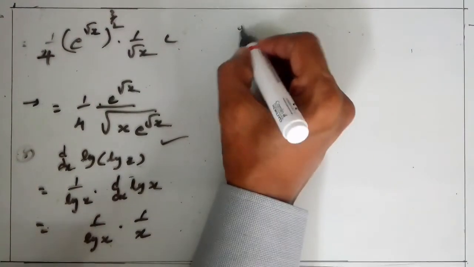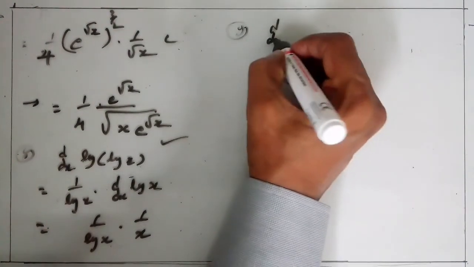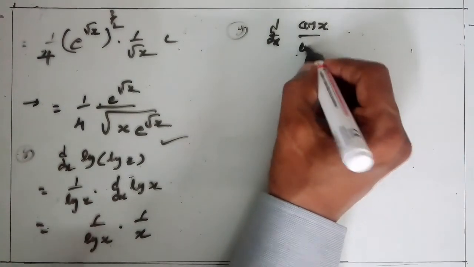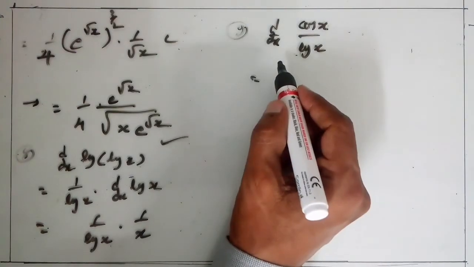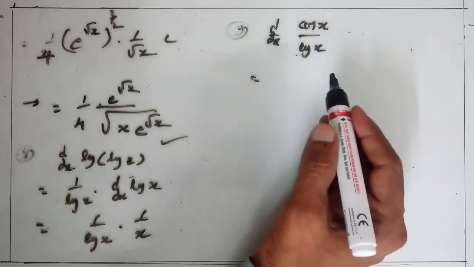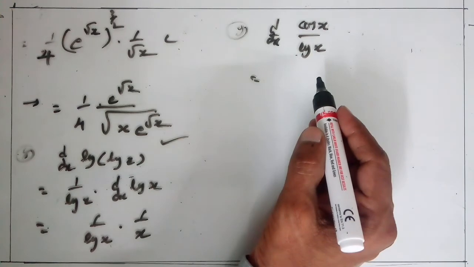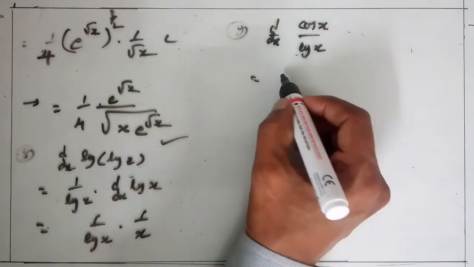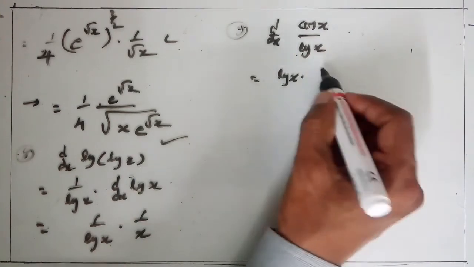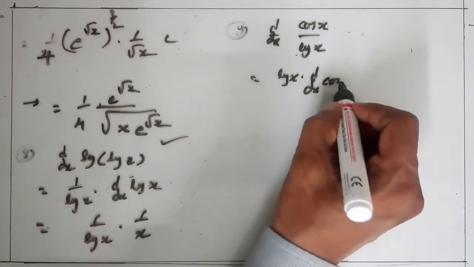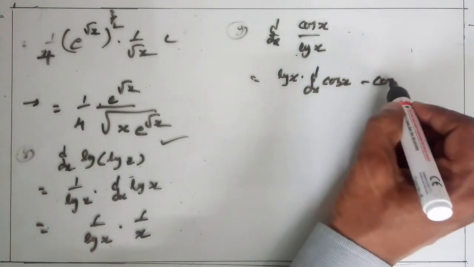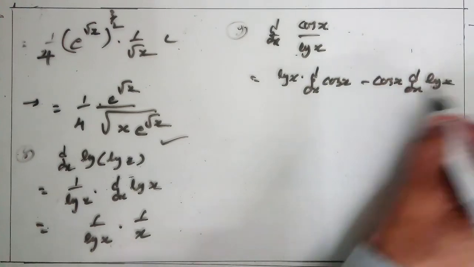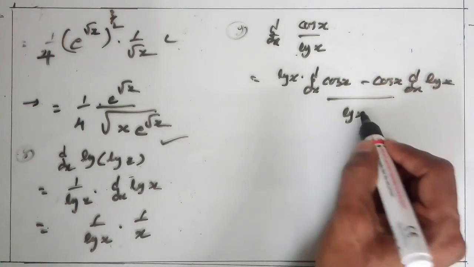Now number 9, d/dx of cos x upon log x. For the derivative here, use the division law: for f(x) upon g(x), the derivative is log x into the derivative of cos x, minus cos x into the derivative of log x, upon (log x)^2.